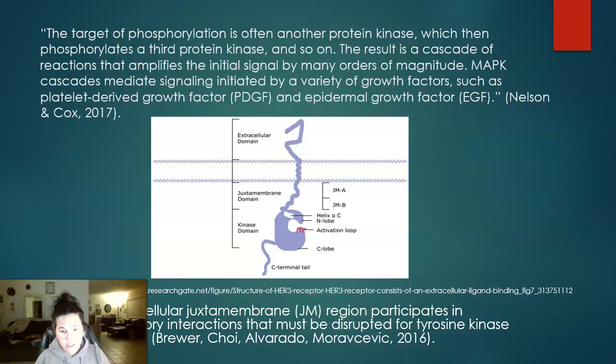So the picture here depicts that juxtamembrane I was having trouble pronouncing. The anatomy of our ligand binding site here is we would have the extracellular domain where our signal molecules attach, and then we're moving on down through that domain to the kinase domain, where ultimately we're going to get phosphorylation through those various amino acid combinations.